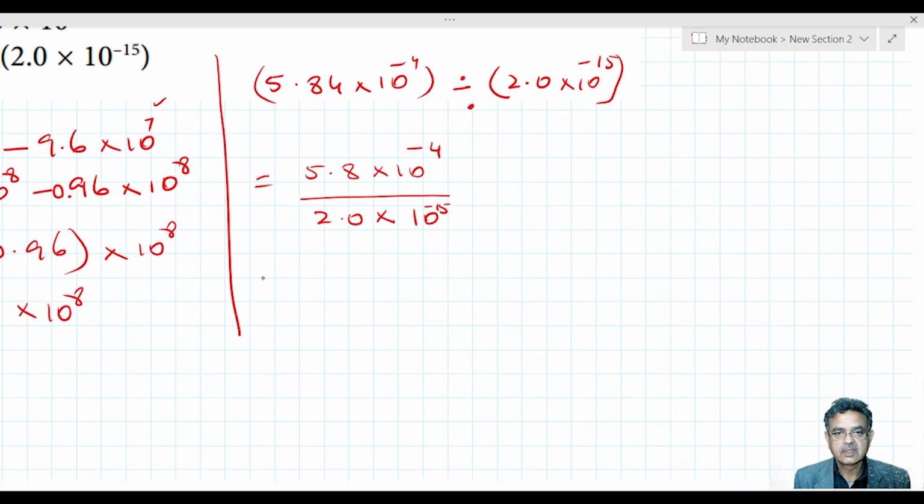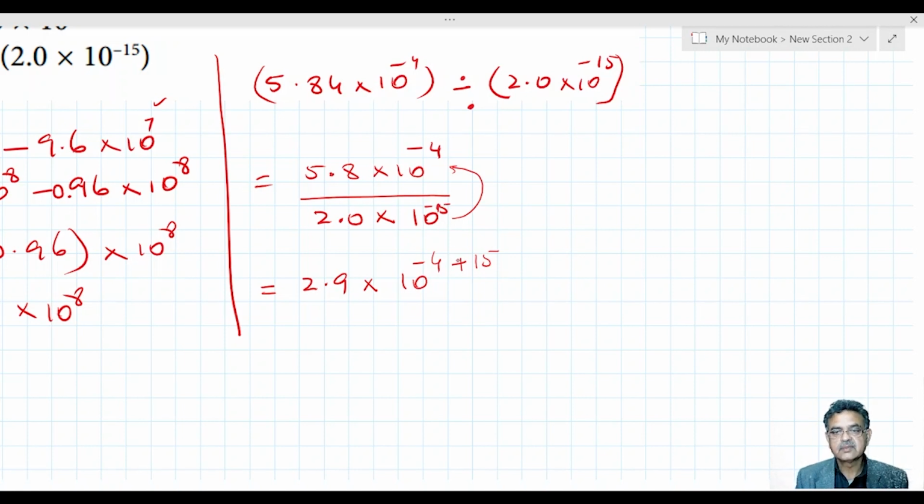It will make no change in this value if it is brought here because of this sign of division. So now there are an equal number of decimal places here, so if we divide, that will be 2.9 multiplied by 10 power minus 4 plus 15. This value shifted upwards will become positive.